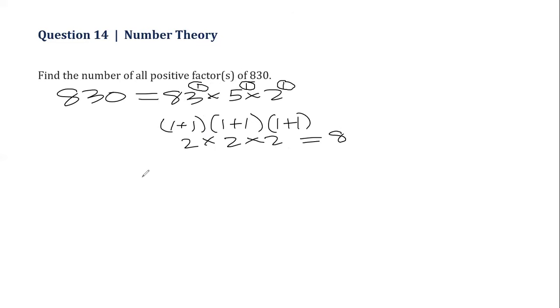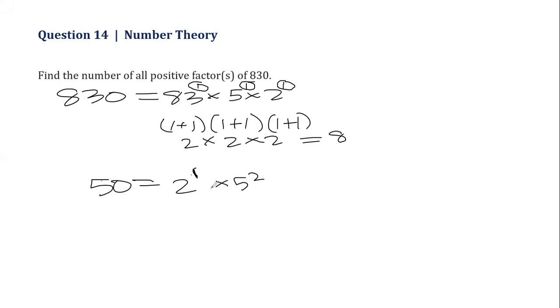I'm going to give another example so that the method for solving this is clear. 100 is 2 squared times 5 squared. Let's do 50. 50 is 2 times 5 squared.